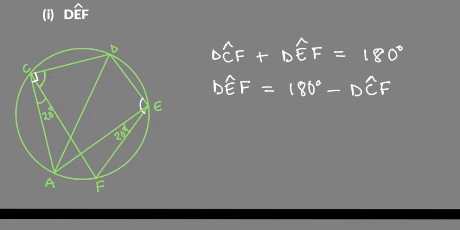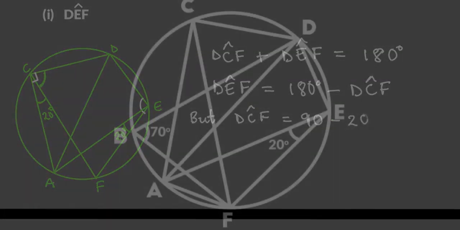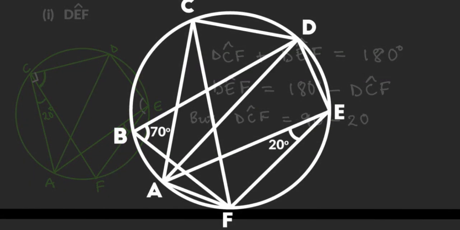Now, we know that the sum of this angle and this angle will give us 90 degrees. Therefore, DCF is going to be equal to 90 minus 20. If you want here, you don't even have to calculate DCF.